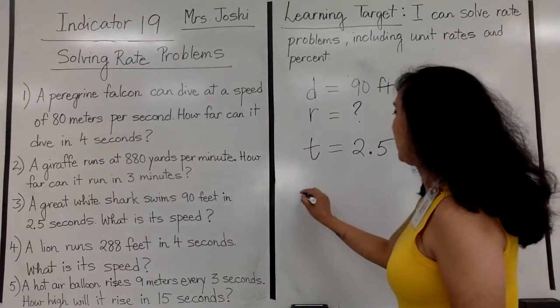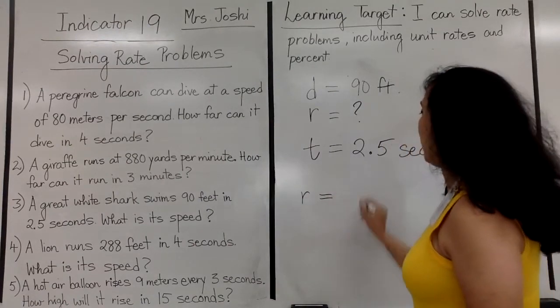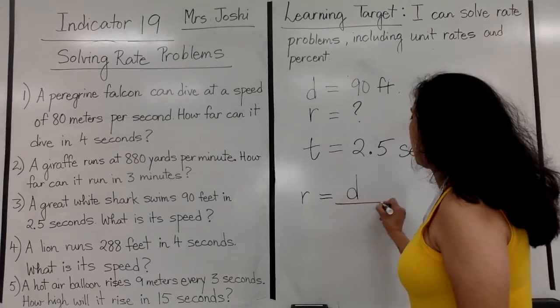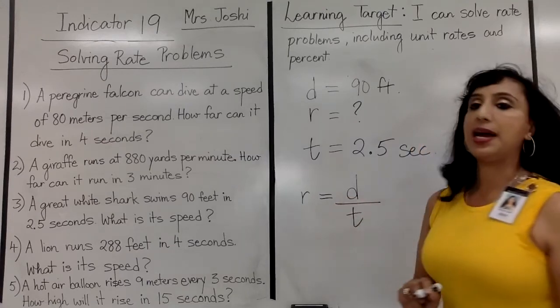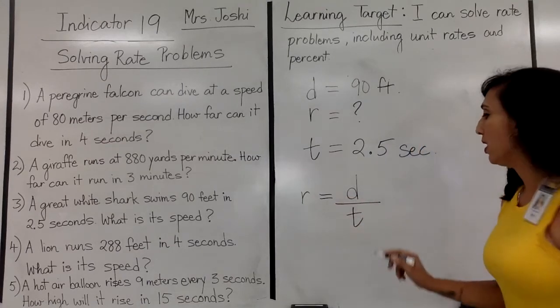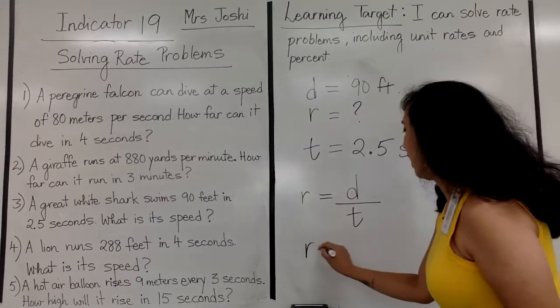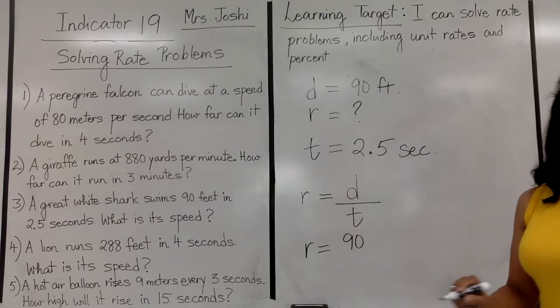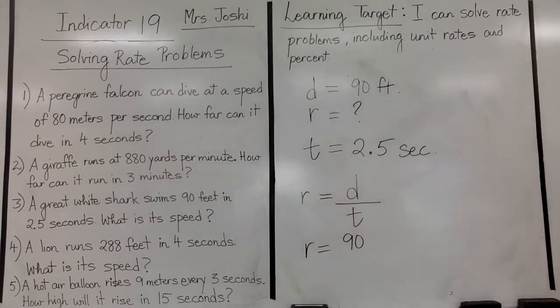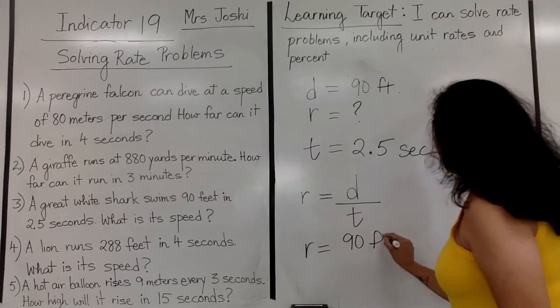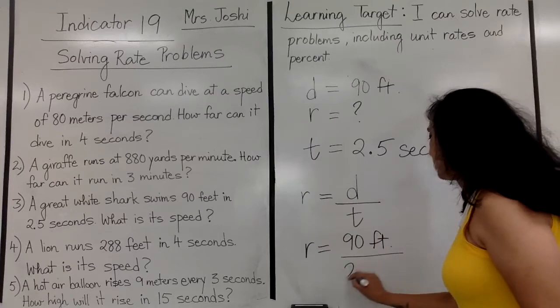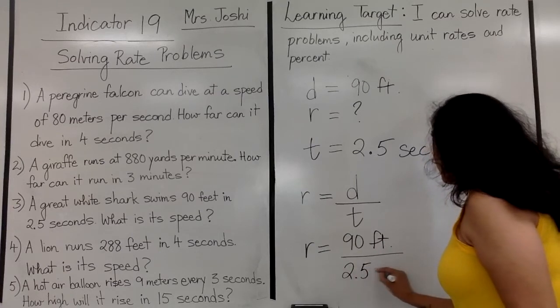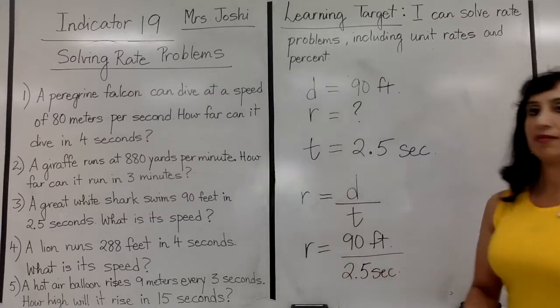Okay, so speed is determined by the distance it's swimming divided by the time. Okay, so if I do that, I have my distance is 90. Okay, so 90 feet is my distance and the time is 2.5 seconds.